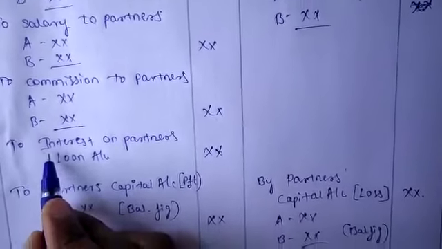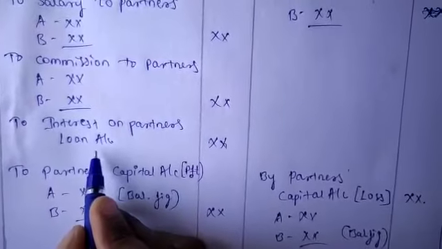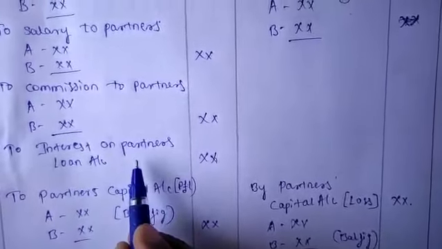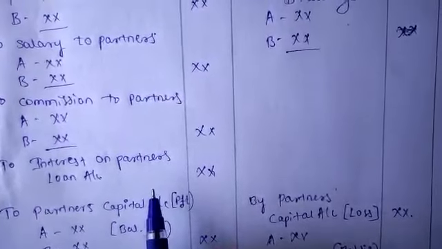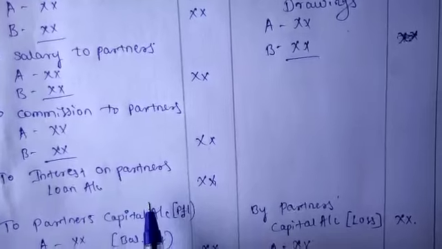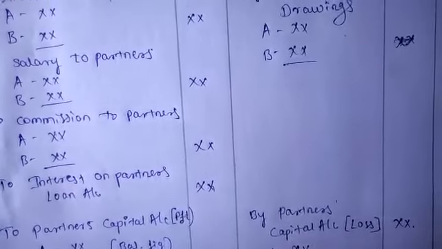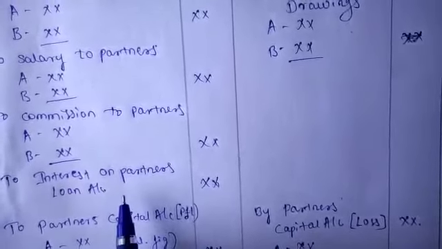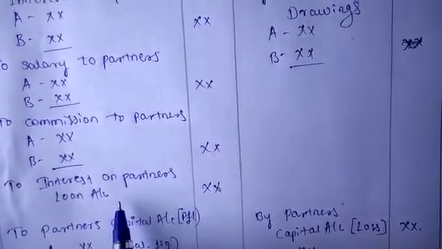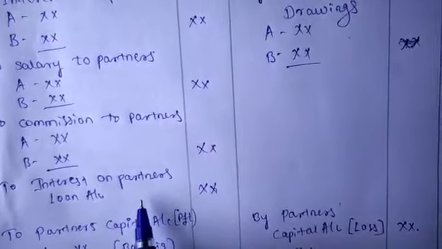Next, interest on partners' loan. If the rate of interest is not mentioned in the partnership deed or in the problem, we still have to pay interest on partners' loan at 6% per annum.